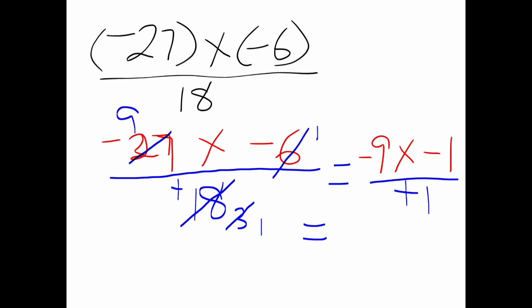Then 9 multiplied by 1 is what? 9. And that is what? A plus 9. Do you understand? Again, minus here multiplied by minus here is what? Is a plus. And 9 multiplied by 1 is what? 9. And that gives us what? Plus 9. I don't need to write the plus.